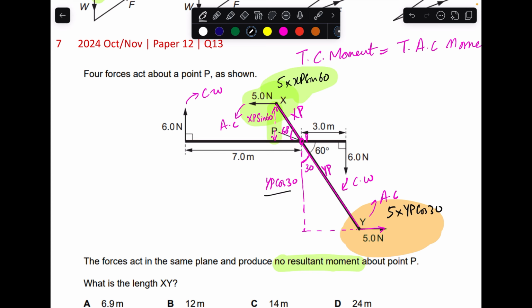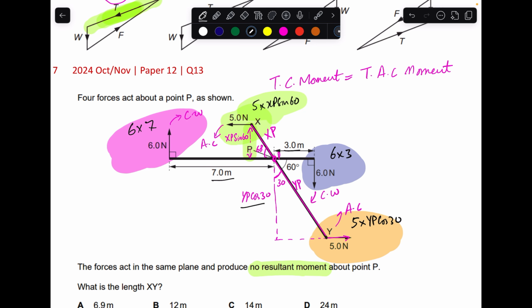And for the moment of this force, I can write 6 into 3, simply the distance from the pivot. And for the moment of this force, I can simply write 6 into the distance from the pivot to this, that is 7. It's given. Okay, so let's make the equation.